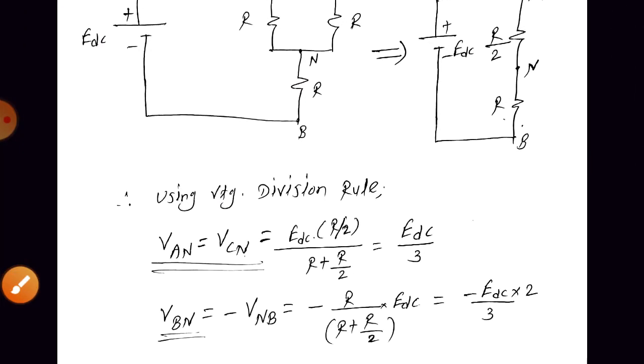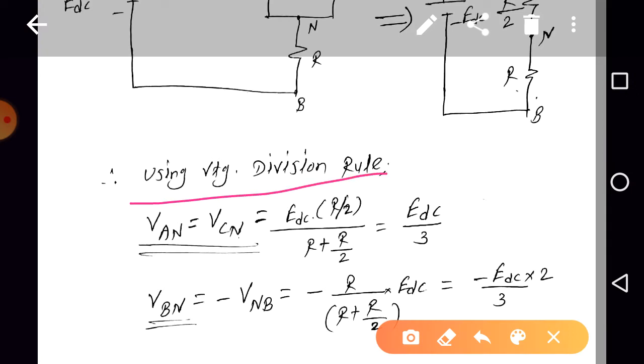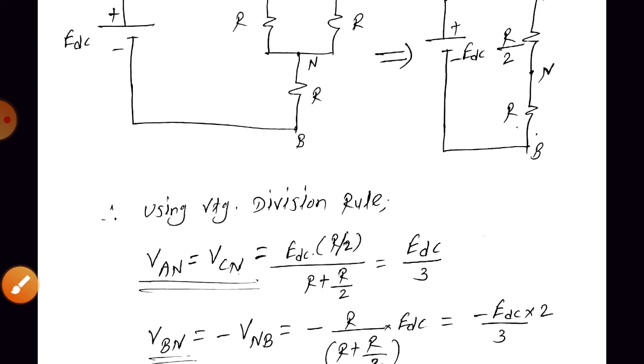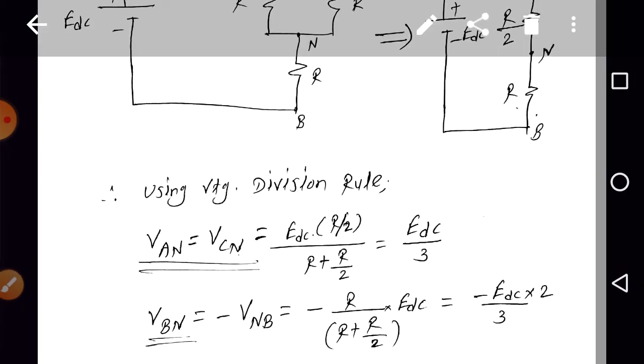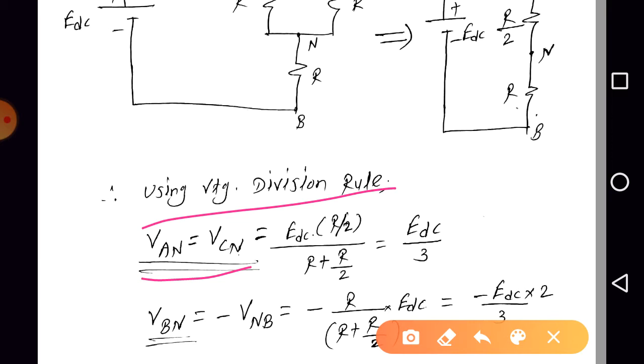By using the voltage division rule, we can write VAN is equal to VCN, because A and C are the same, right? VAN equal to VCN is equal to the total voltage EDC into R by 2, that is the voltage across the resistor, divided by the addition of the two resistors. So it is EDC by 3.